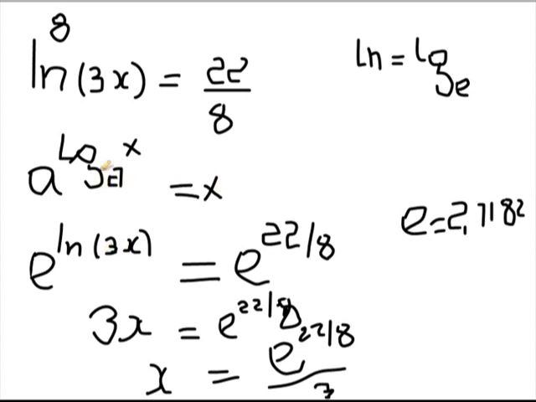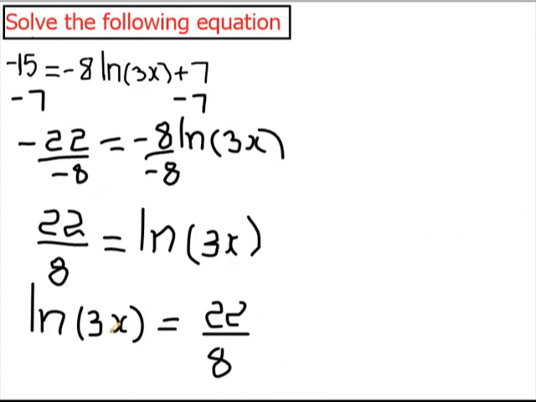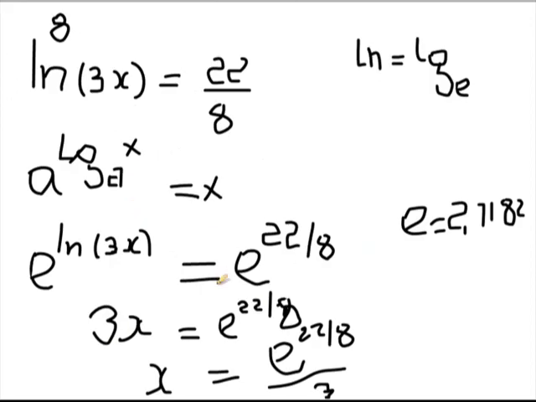That's why I use the base e raised to this log. Since I know the natural logarithm's base is e, I use e raised to the natural logarithm of 3x, so we have 3x. So in most logarithm problems, what we're trying to do is isolate the logarithm on one side, and then we may use this formula. Okay, and then we're done.